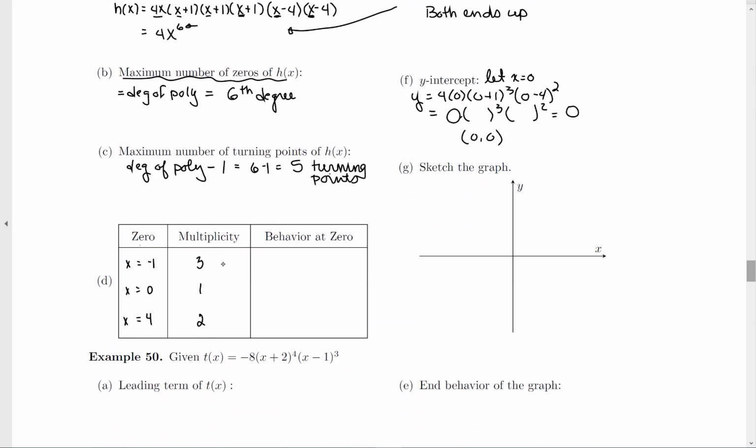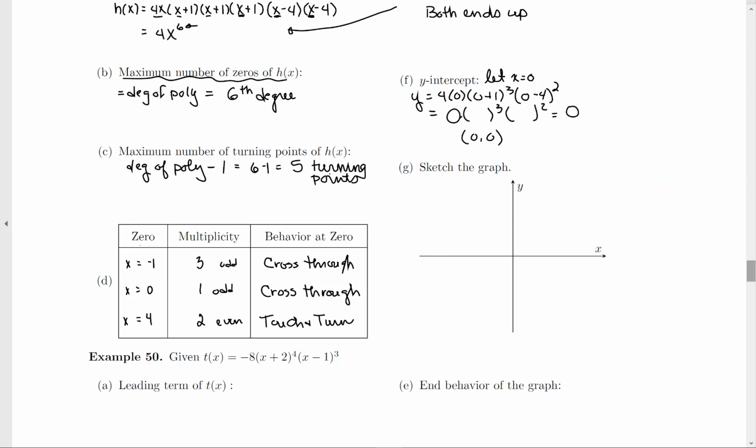If our multiplicity is an odd number, then the behavior at that x-intercept means our graph is going to cross through that intercept. So on both of these, those multiplicities are odd. Odd means it's going to cross through. But if it's an even multiplicity, then we're going to do a touch and turn at that intercept.